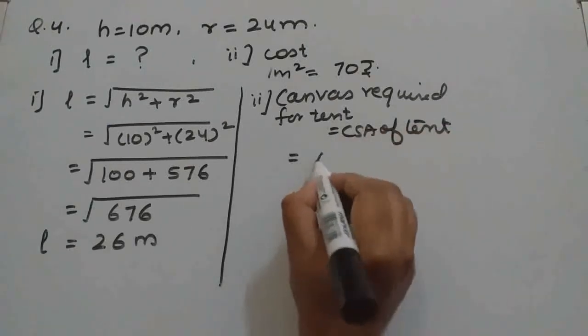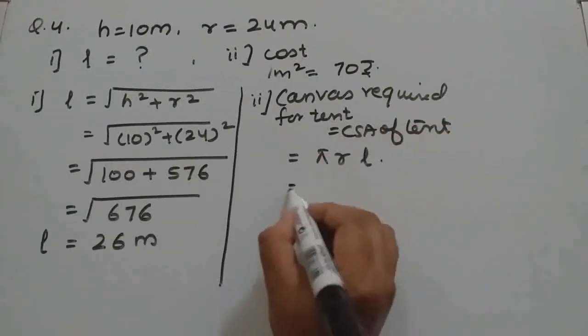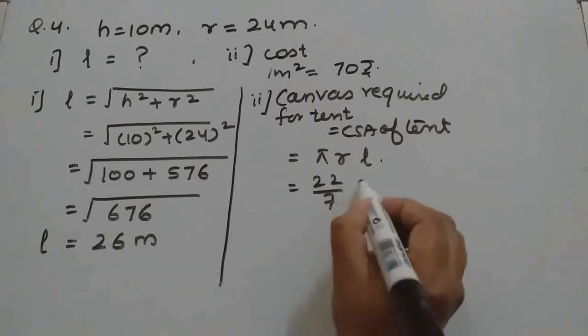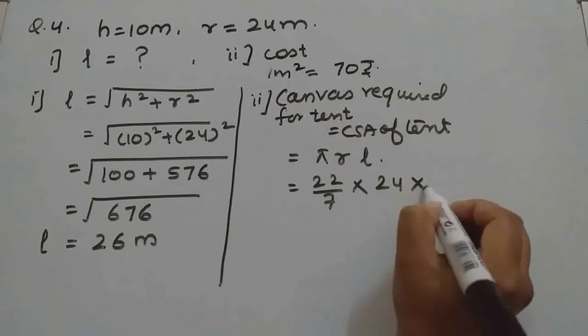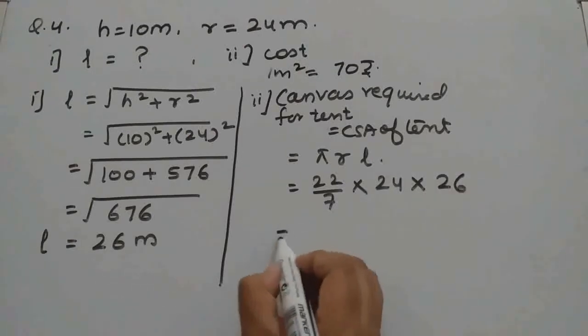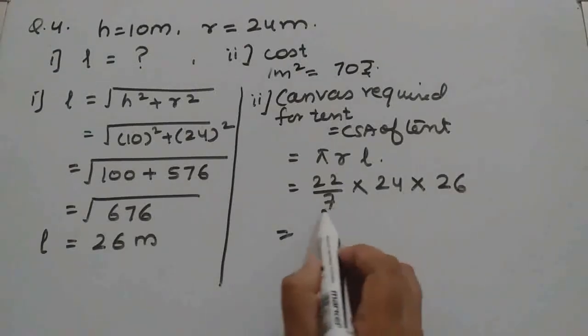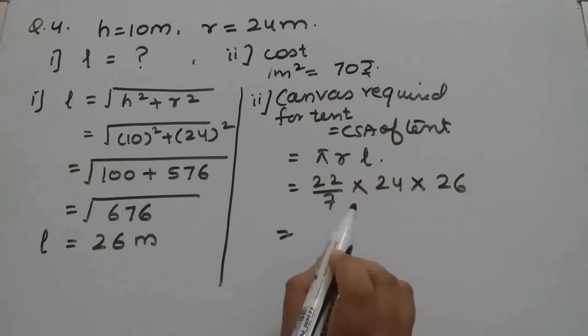Which is equal to pi r L. Pi is 22 by 7, r is 24, and L we got as 26.